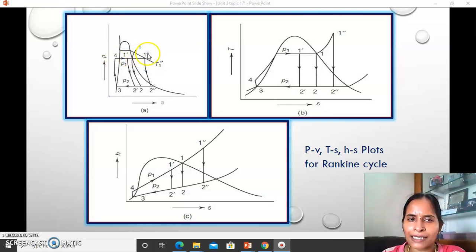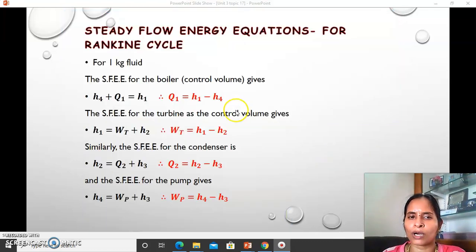The enthalpy is increased because of the continuous supply of heat Q1, so H4 becomes H1. H means U plus PV, the internal energy of the molecules has been increased along with the flow energy, right?